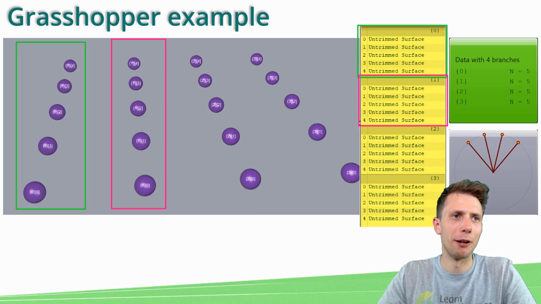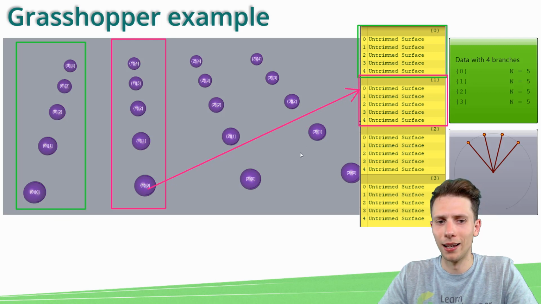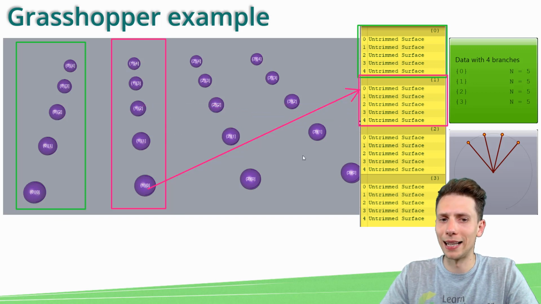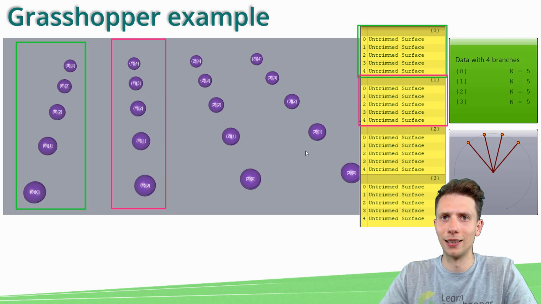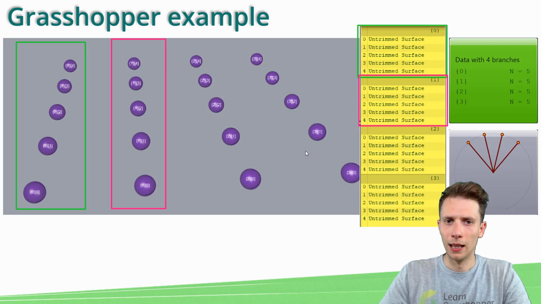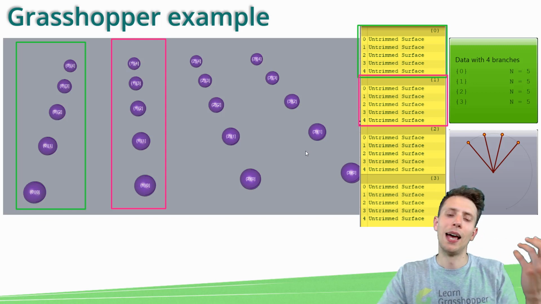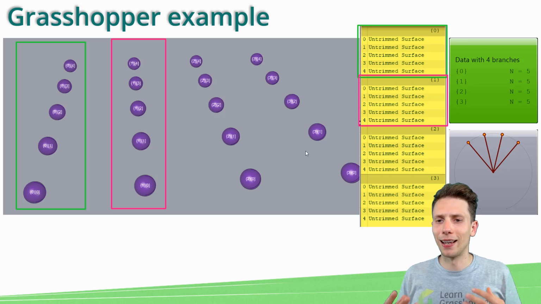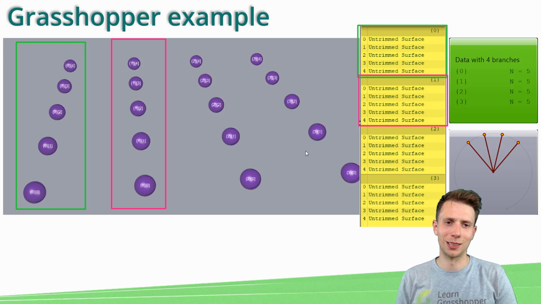Again, if we make some arrows, we are in 1, so we go for index number 0, the first item, then to the second one, to the third one, and so on. So this is how this data tree structure is built in a real world example. This is how we are supposed to think about data trees. It's nothing else than several lists in one data tree structure.